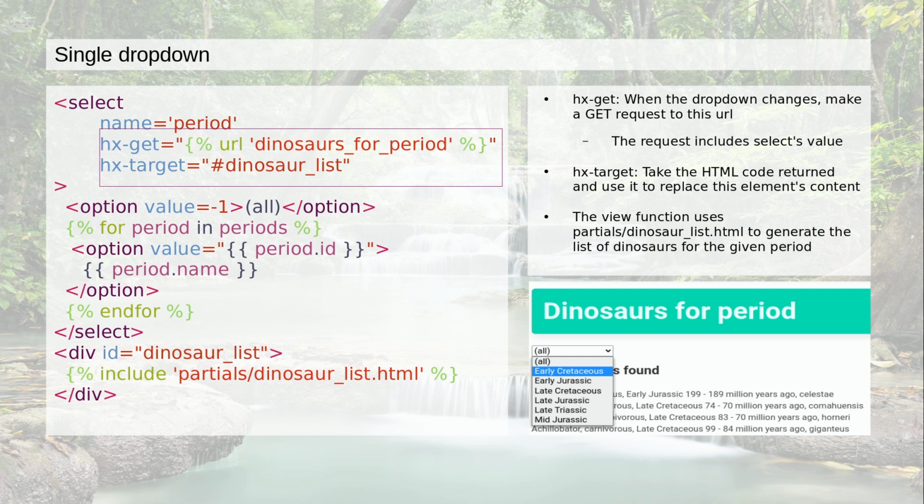Okay, so as you've already seen, AJAX get sets a trigger on the dropdown. When the dropdown value changes, a request is made to the specified URL. So in this case, in Django terms, that goes to an endpoint that I've called dinosaurs for period. Django will translate that into an actual URL for us.